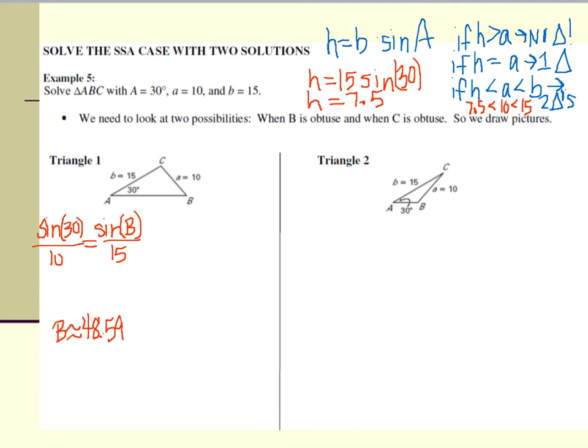So B is 48.59. Now you know two angles, so you should be able to find angle C by subtracting from 180, and you should find angle C equals 101.4.